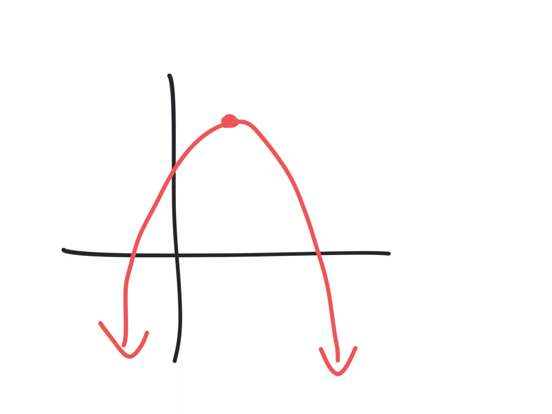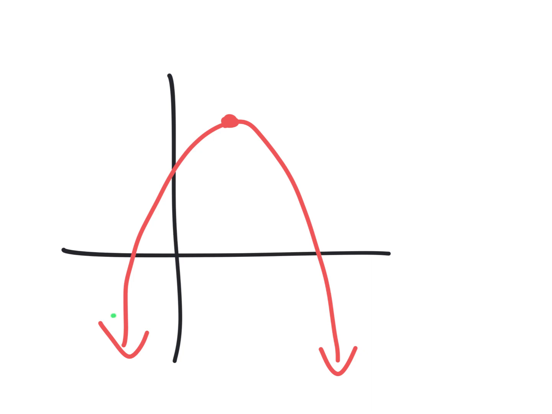As you go from left to right, is the graph increasing all the time or decreasing all the time? No, sometimes it increases and sometimes it decreases. So there's an increasing part and a decreasing part.